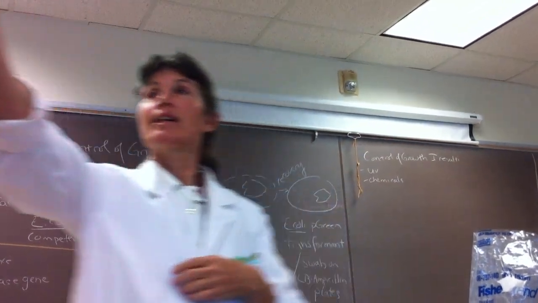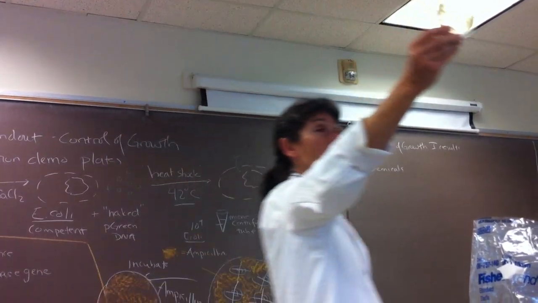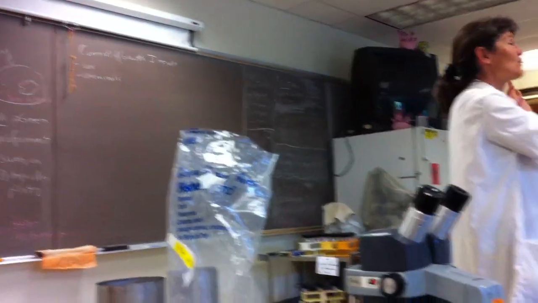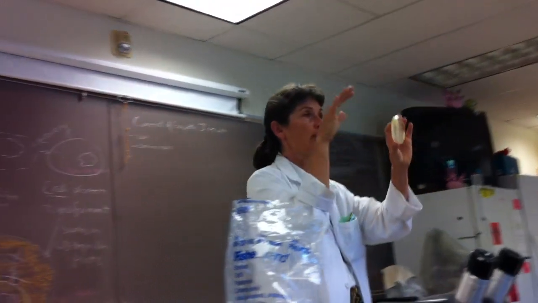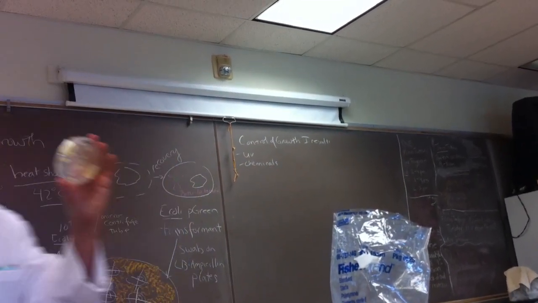And can you guys see that? You see those beautiful colonies? Those are the transformant colonies. And not only are they gorgeous, but something really cool is going on that really has application to what you guys are going to go into as far as medicine and dentistry.